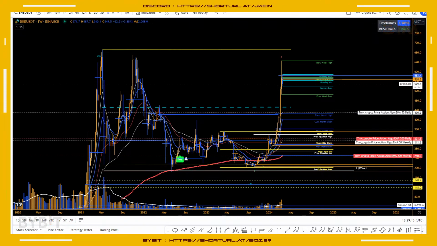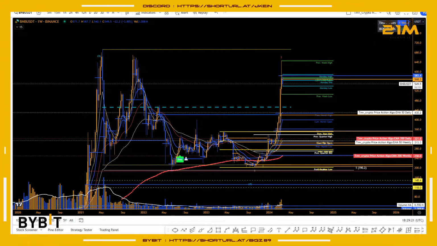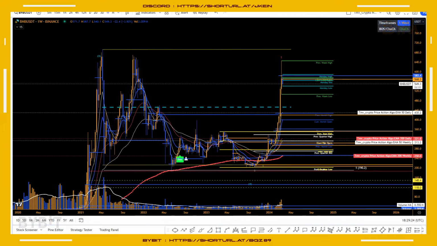So practically, Mini Pepe coin. I don't know what this is, guys. No way. I'm also buying along with you.